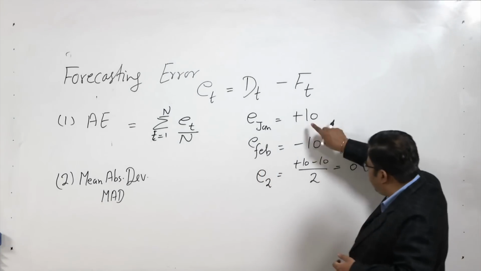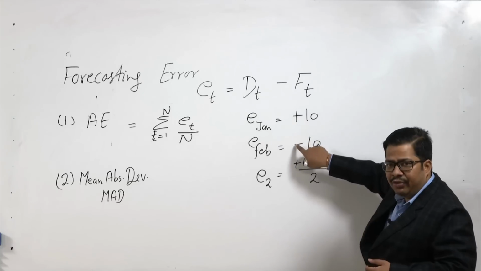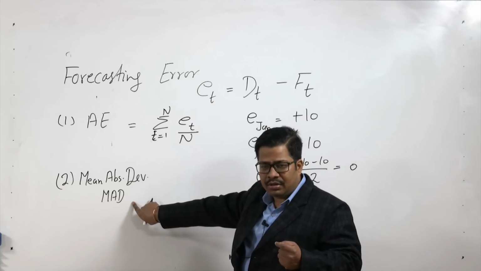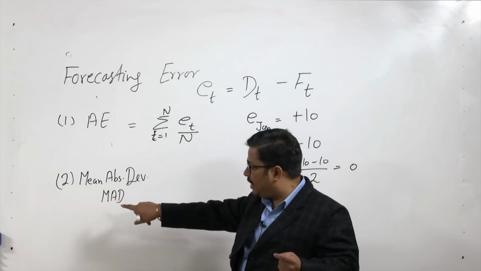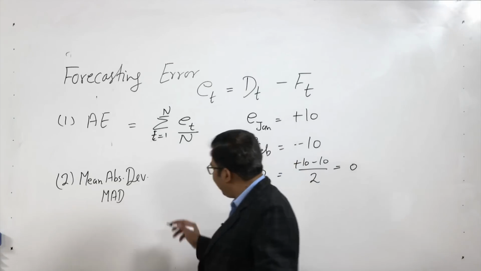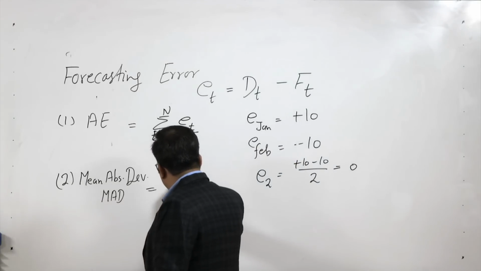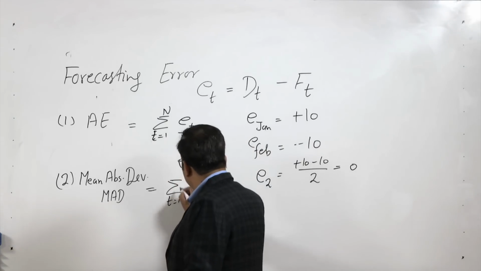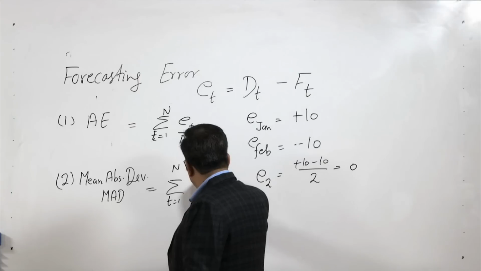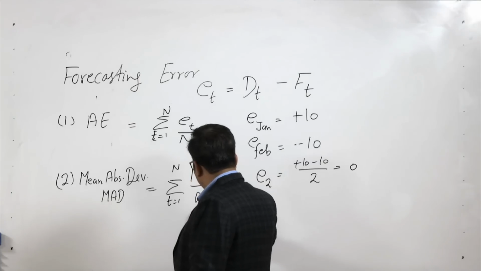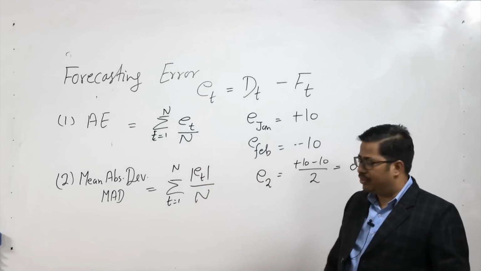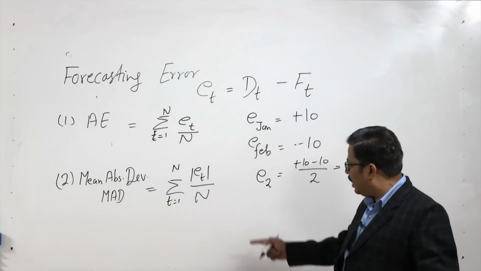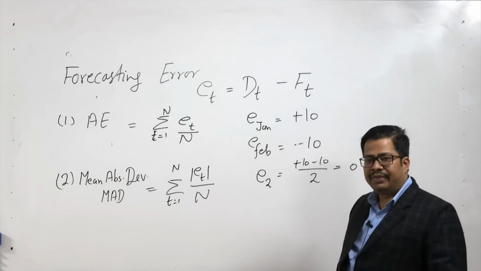To eliminate the problem of the sign in the forecasting error, now we take the absolute values of error to calculate the mean absolute deviation. So, it remains like that only, that you are calculating the average, but the average is of absolute values. You take the absolute values and then you determine the average of that.